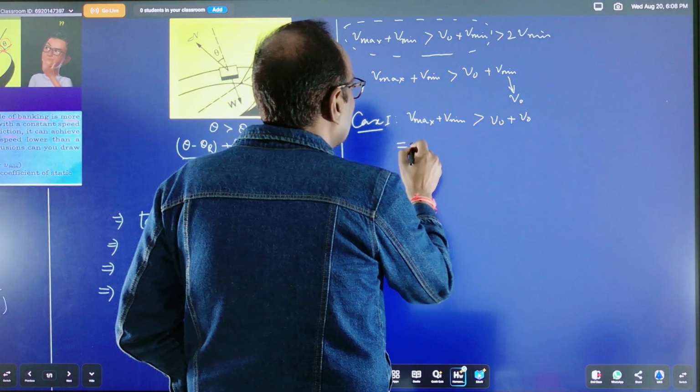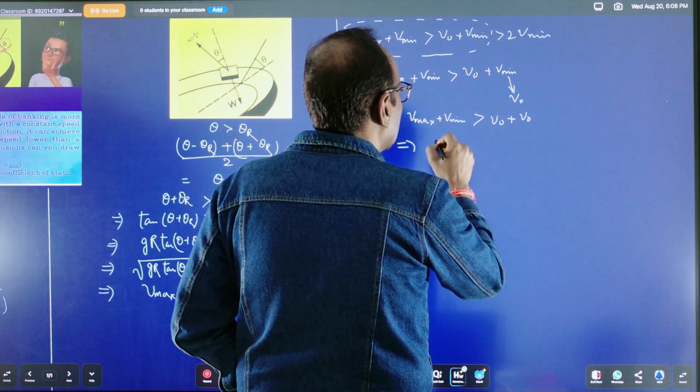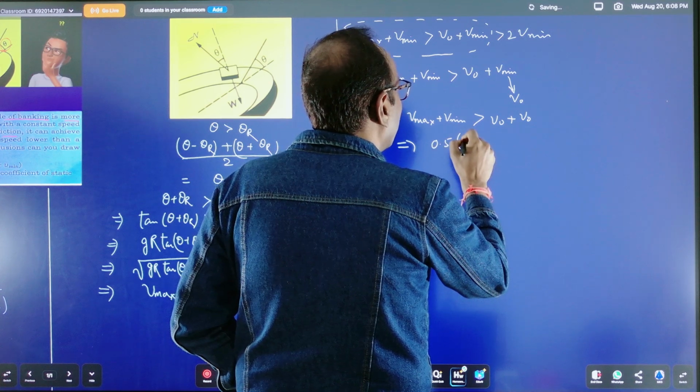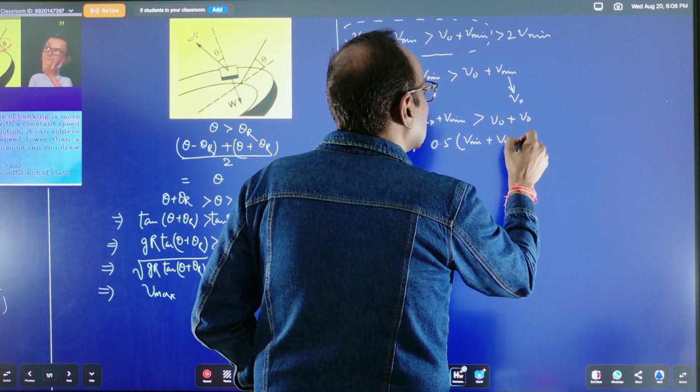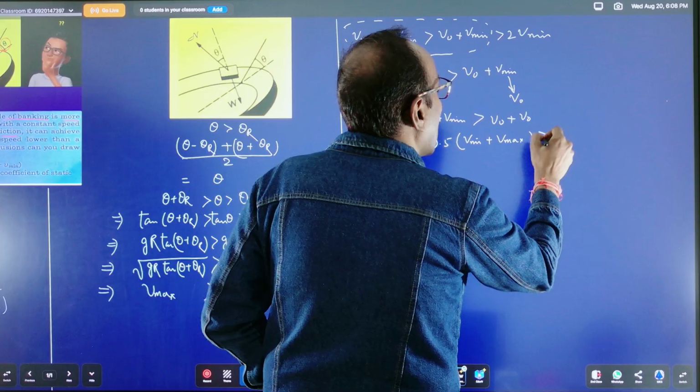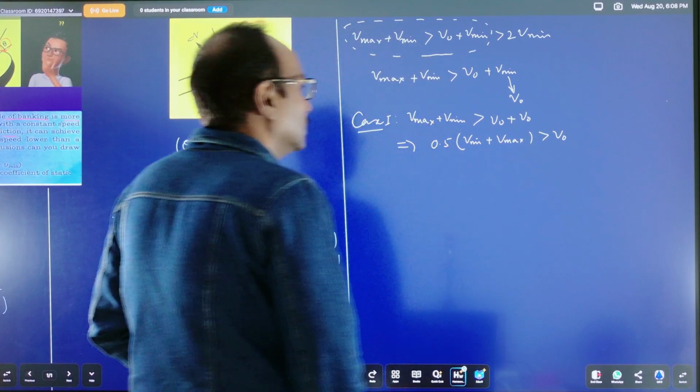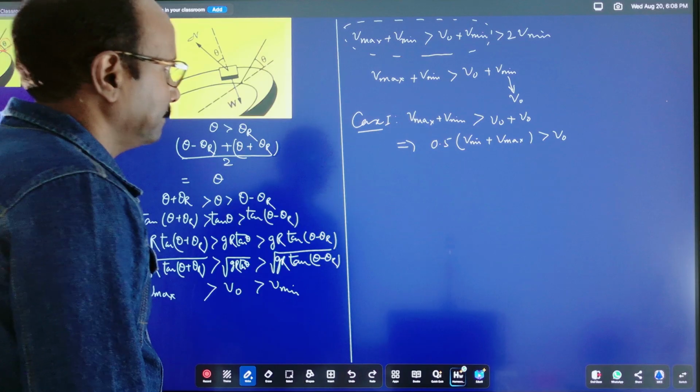So in that case your V naught will be less than 0.5 times V min plus V max. This is situation 1, case 1.